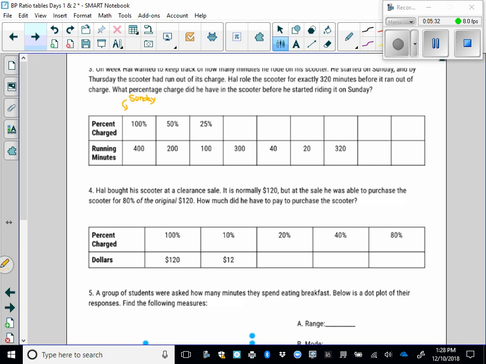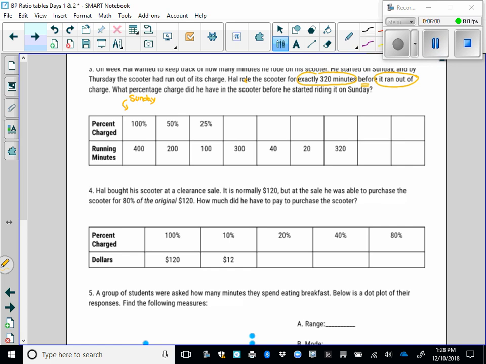Hal rode the scooter for exactly 320 minutes before it ran out of charge. What percentage charge did he have in the scooter before he started riding it on Sunday?